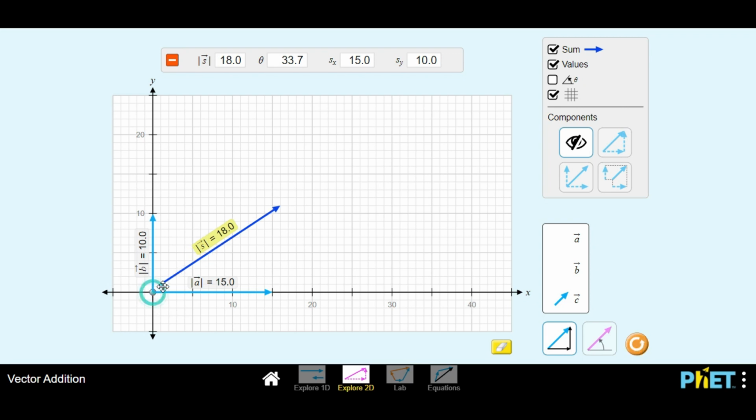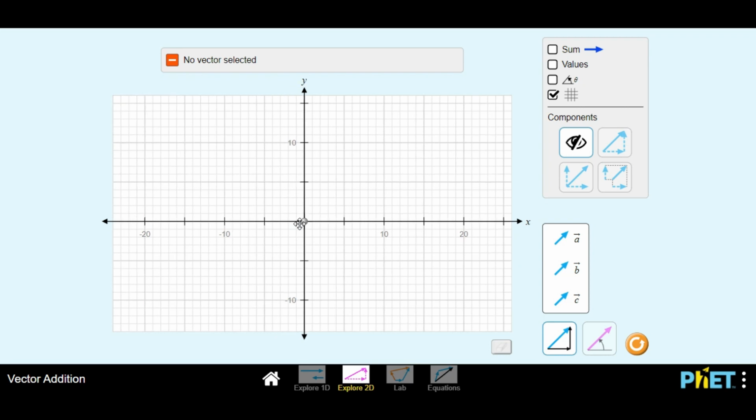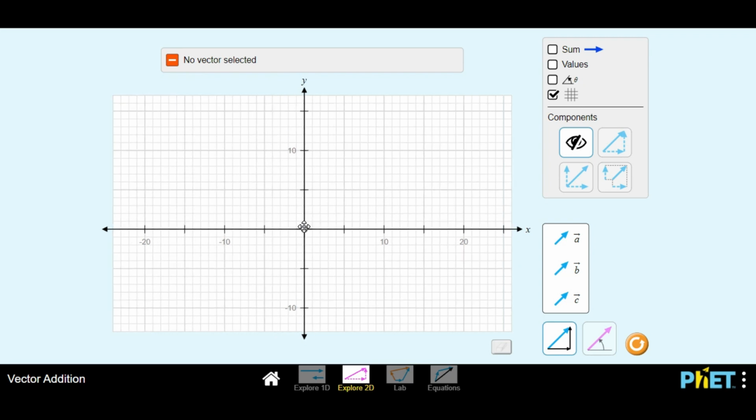Basically it will be the same. Let me show you another example. I drag the zero coordinate to the middle. I have a force, let's say, directed in this direction, making an angle of 45 degrees.